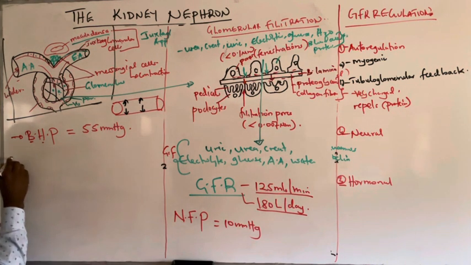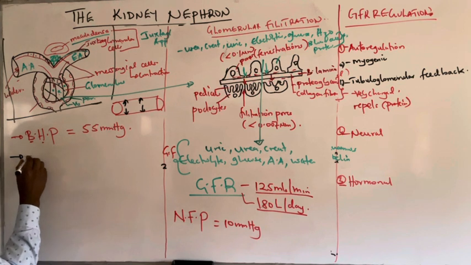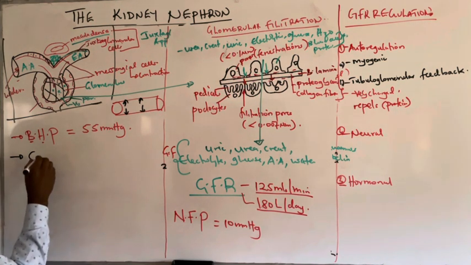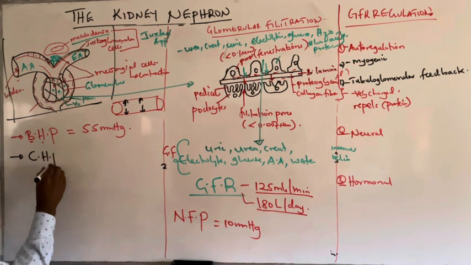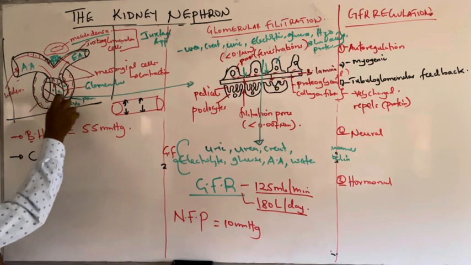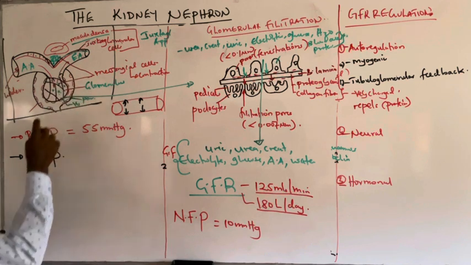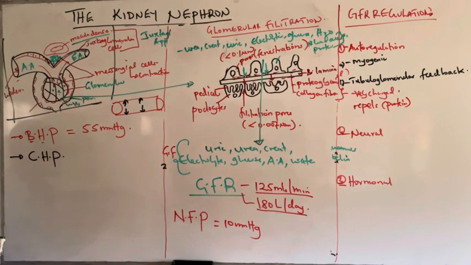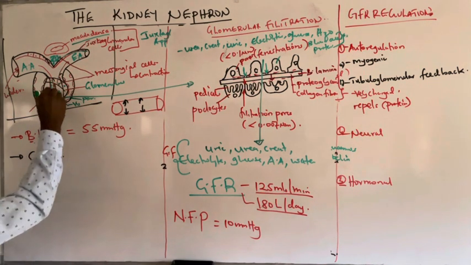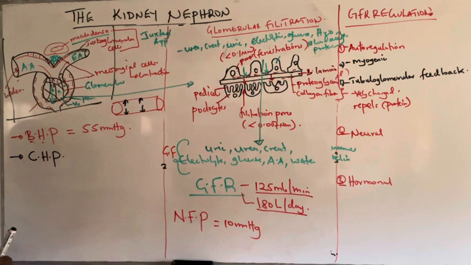Then the second pressure is the corpuscular hydrostatic pressure. During filtration, within this capsular space, there is another opposing force. We have seen the plasma hydrostatic pressure is the force that is forcing the fluid to be filtered, isn't it?